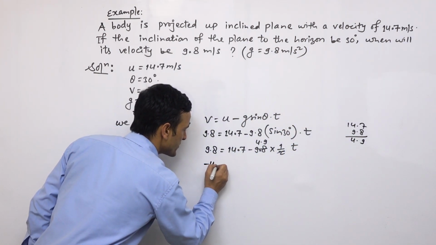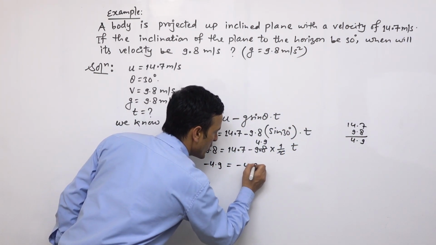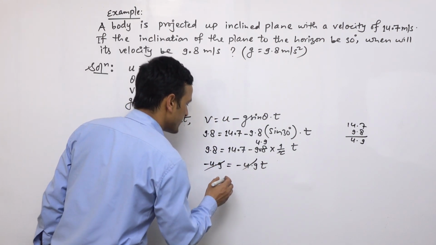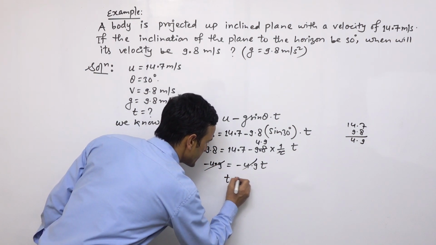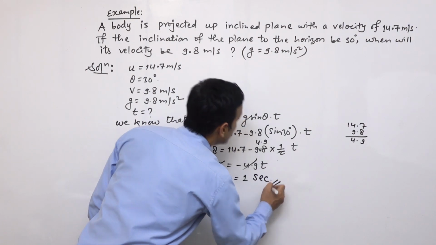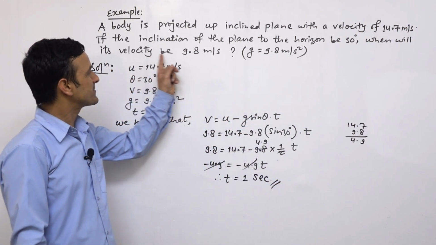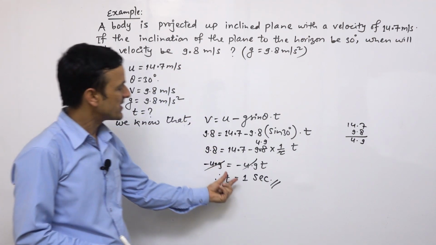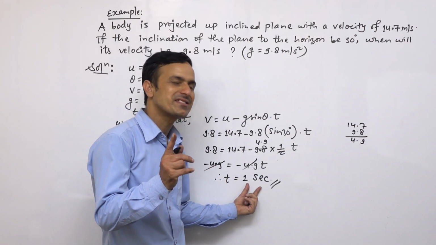It will be minus 4.9 is equal to minus 4.9 t. So 4.9, 4.9 cancel, this and this cancel. So this is t is equal to 1. So it takes time 1 second when its velocity will be 9.8 meter per second. So to become this velocity, the particle or body takes 1 second.